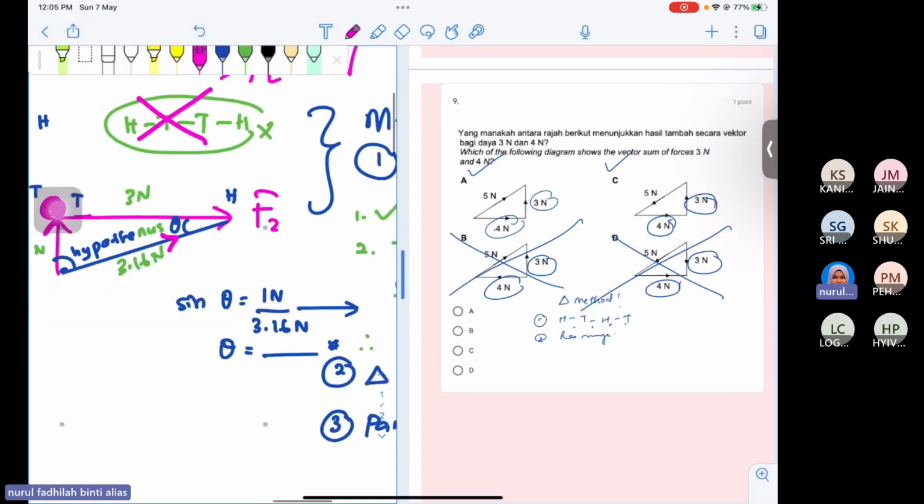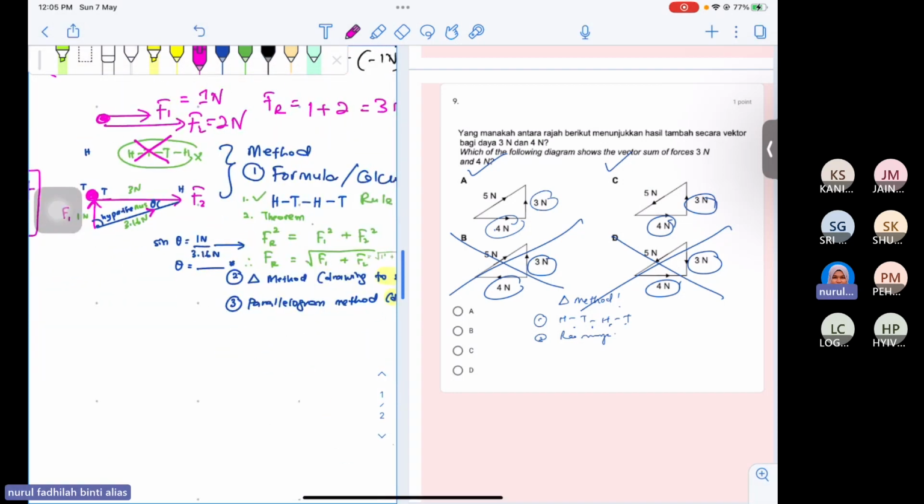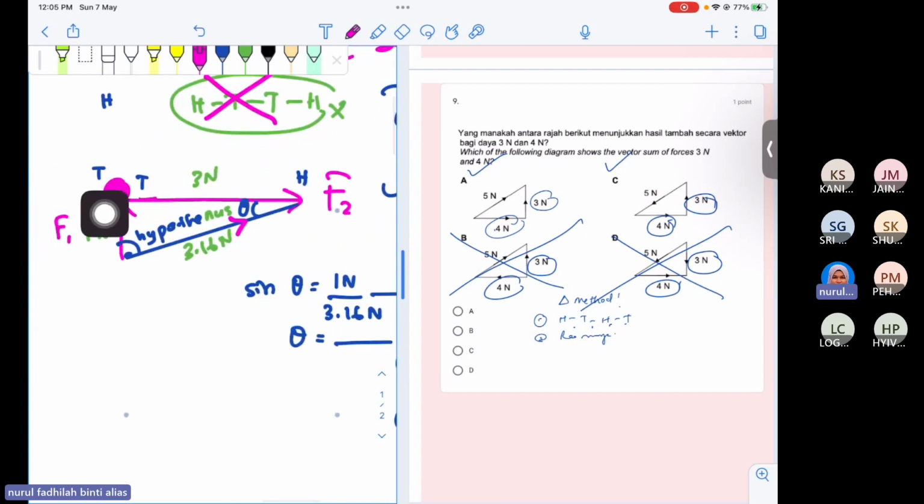Jadi yang perlu follow head, tail adalah the given forces sahaja. Tapi yang resultant tu dia tail bertemu dengan head, tail orang lain, head orang lain. Okay? Jadi A ke C jawapan dia?